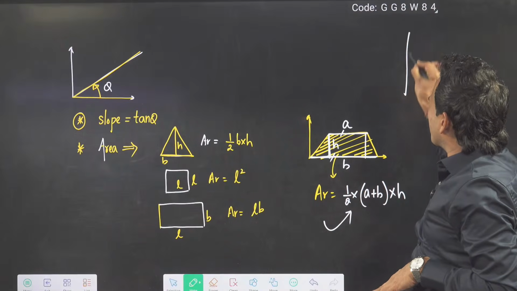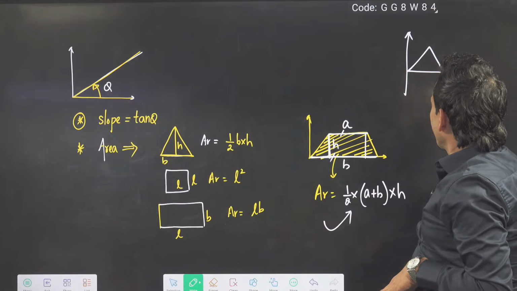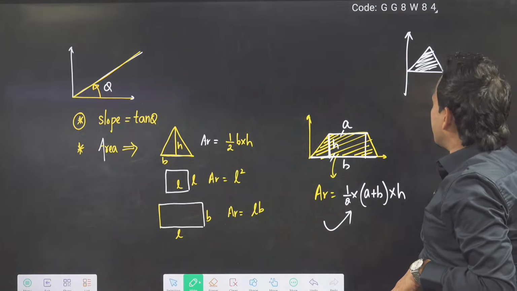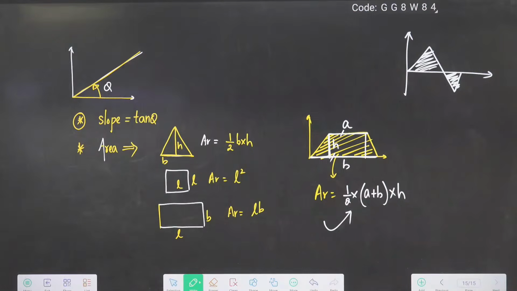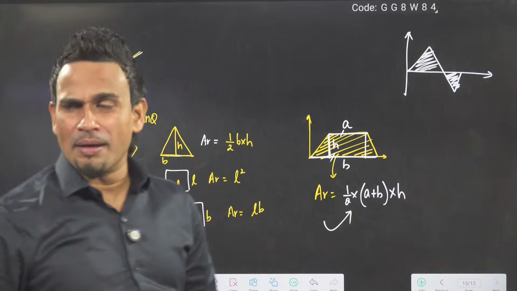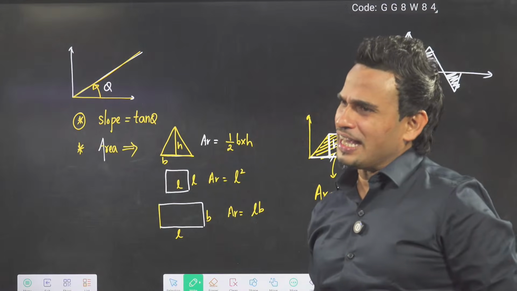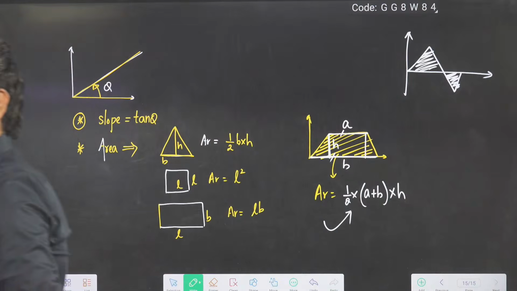But sometimes your graph is like this: some part of the graph is above the x-axis, some part is below the x-axis, and you want to calculate the area. How will you calculate?